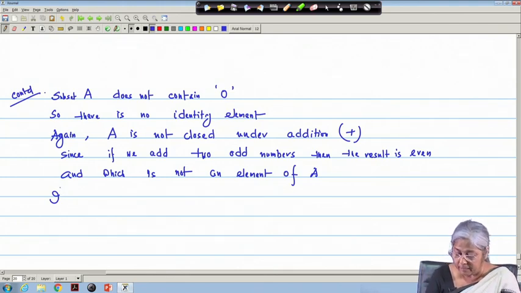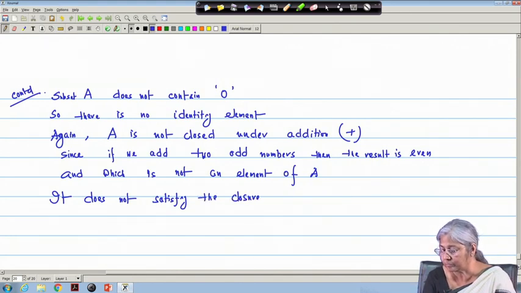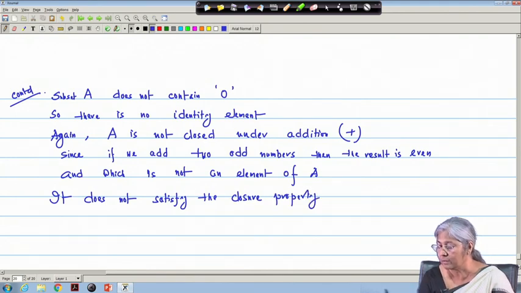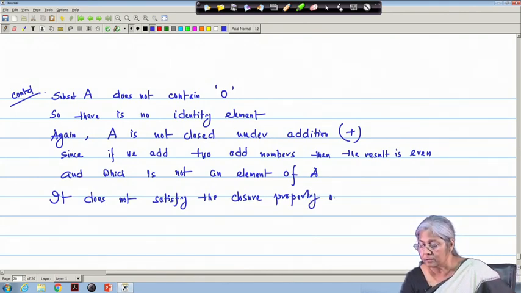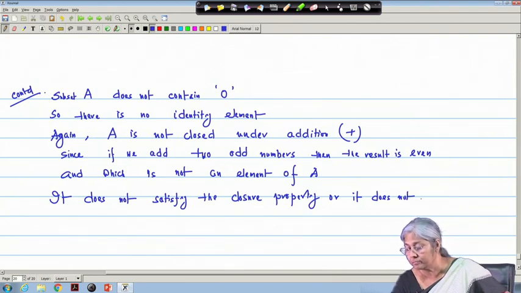So, it does not satisfy the closure property, and it does not have any additive identity also.